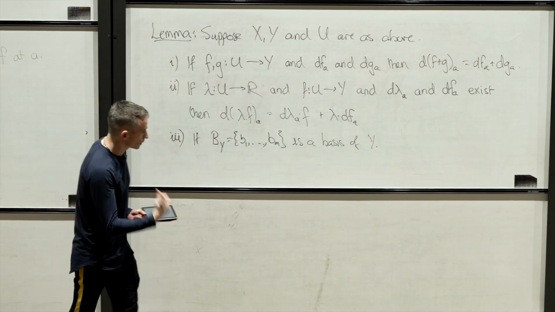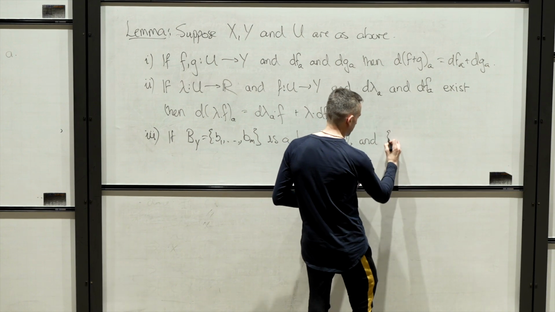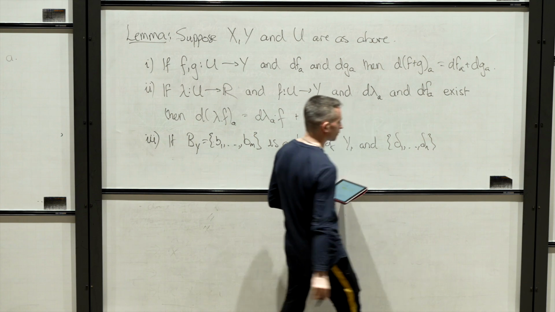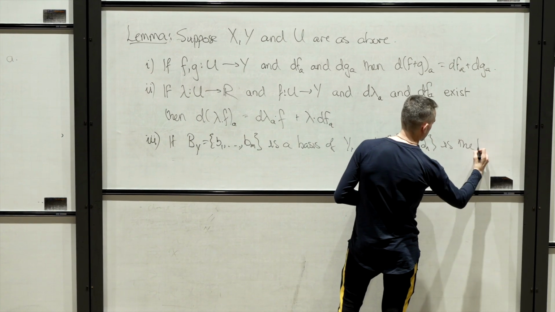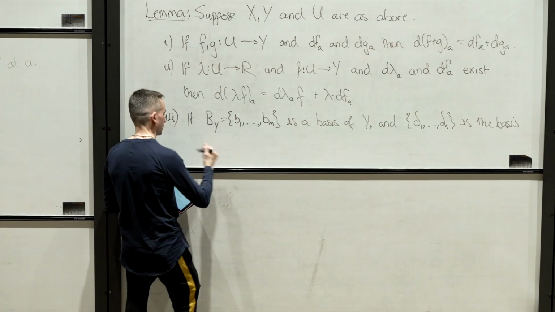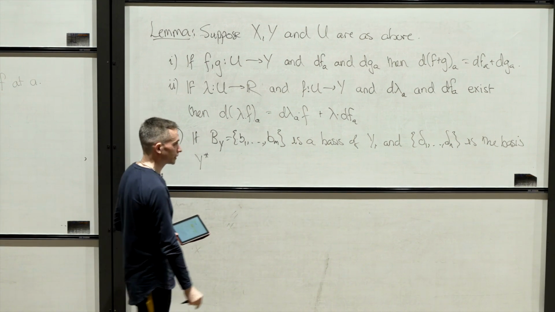So if you have a basis b1 up to bm of Y, the target vector space, and let's say delta 1 up to delta m is the dual basis. So that's the basis of Y dual, linear maps from Y to the reals.